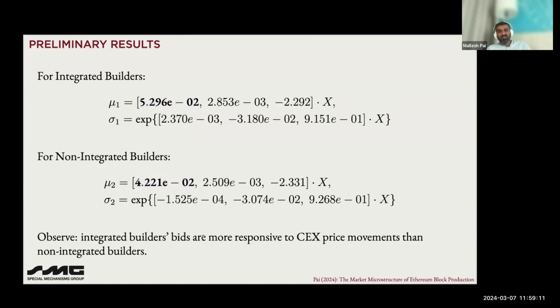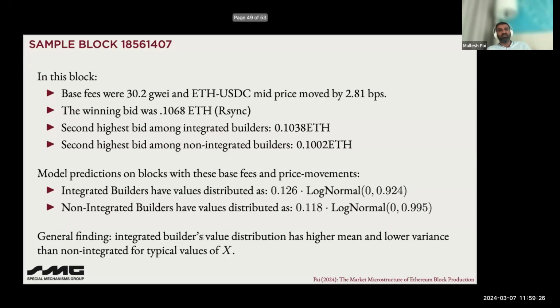So that's our best fit estimate. That is consistent with our previous result and reflects the theory that integrated builders' values are more sensitive to those underlying price changes, because part of their business is these ARBs. So here's what that means, for example, for a particular sample block that I just randomly drew.